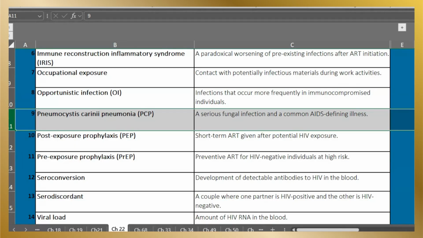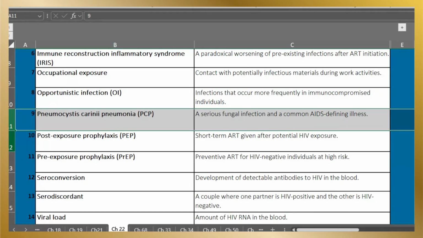We can treat it with TMP-SMX, and a CD4 plus count less than 200 often triggers prophylaxis.